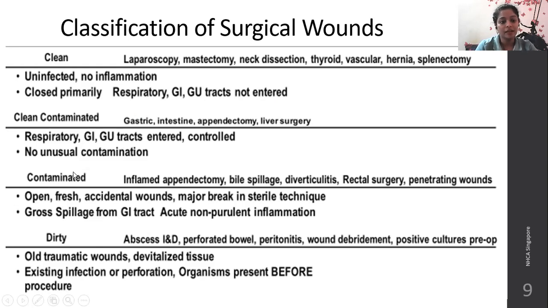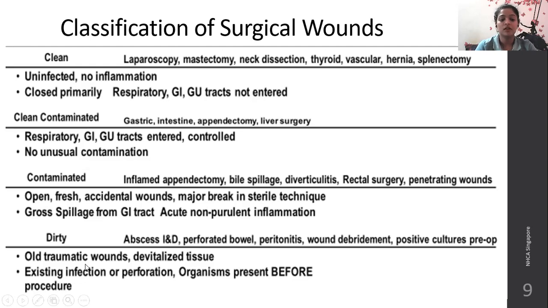In contaminated wounds, pathogens have entered the surgical site: open, fresh, accidental wounds, or when you suffer a major trauma outside, okay, that may lead to contaminated wounds. Spillage from the GI tract into the surgical area may also lead to a contaminated wound. Contaminated wound means pathogens are present.